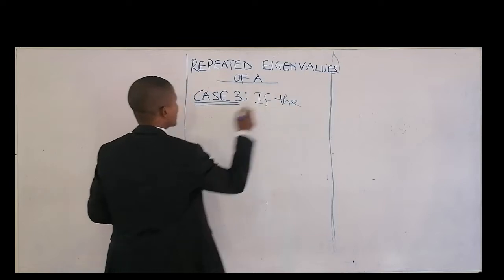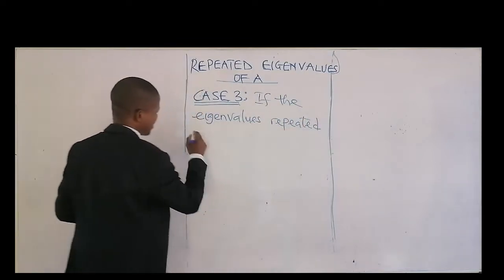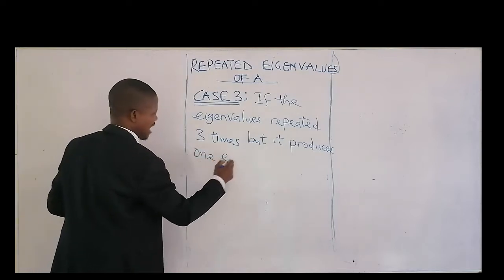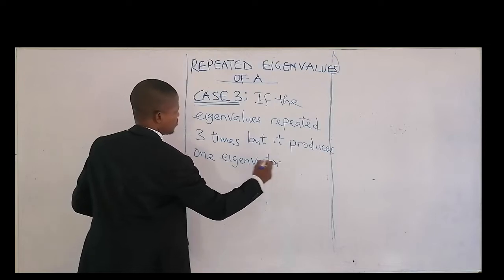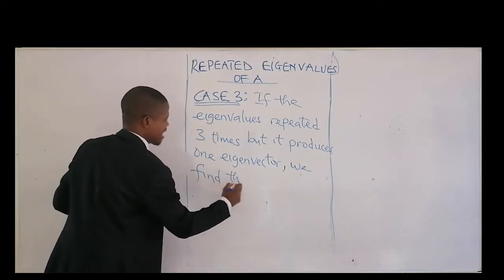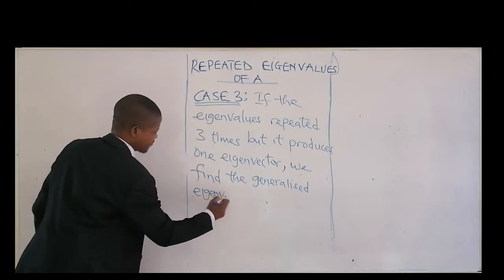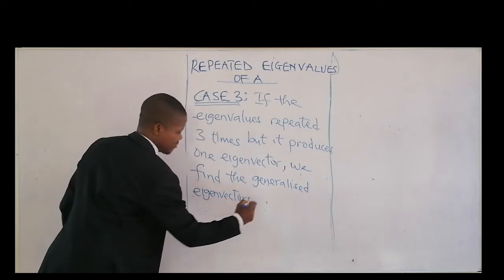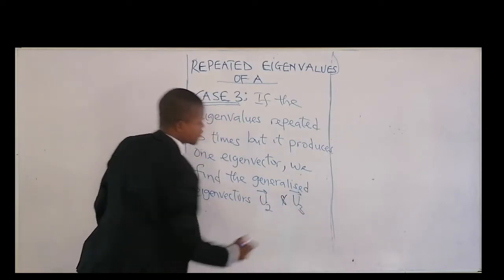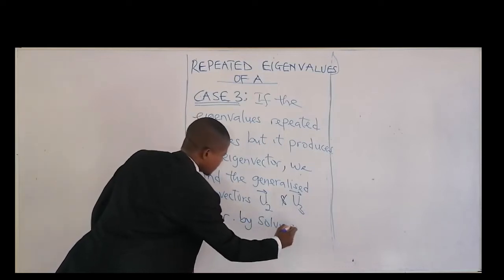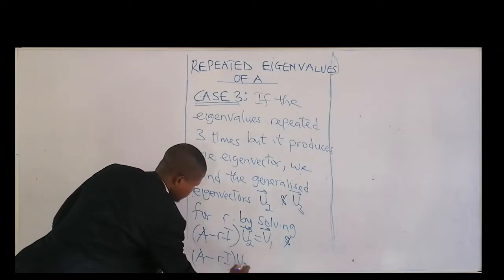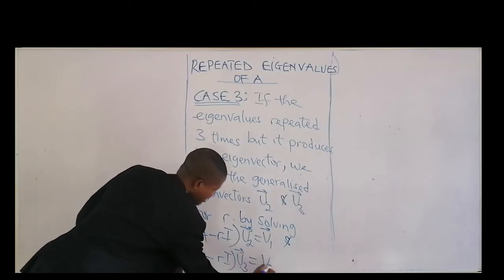If the eigenvalue is repeated 3 times, but it produces one eigenvector, we find the generalized eigenvectors, which are the second eigenvector and the third eigenvector, by solving these equations. u3, the third eigenvector, is found from the second eigenvector.